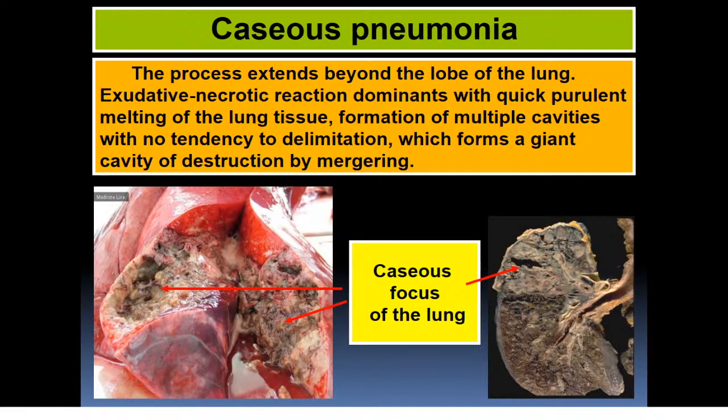The process extends beyond the lobe of the lung. Exudative necrotic reaction dominates, with quick purulent melting of the lung tissue and formation of multiple cavities with no tendency to delimitation, which form a giant cavity of destruction by merging.